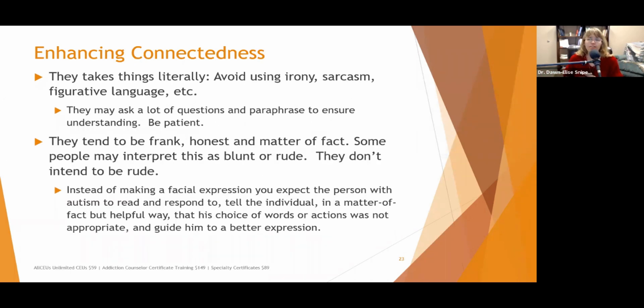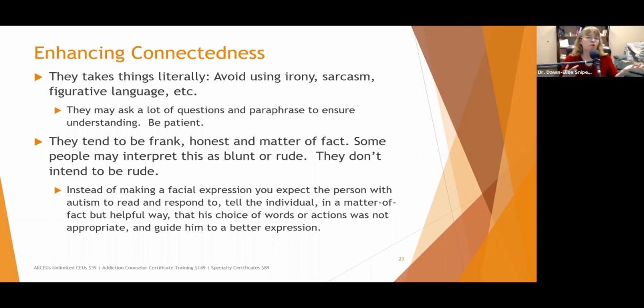If they tend to be frank, honest, and matter-of-fact, some people may interpret this as blunt or rude, and people who are on the spectrum don't intend to be rude. They are not emotionally callous. They just don't understand the same reciprocity. Instead of making a facial expression you expect the person with autism to read and respond to, tell the person in a matter-of-fact but helpful way that their choice of words or actions was not appropriate, and suggest a better way of communicating what they were trying to communicate.